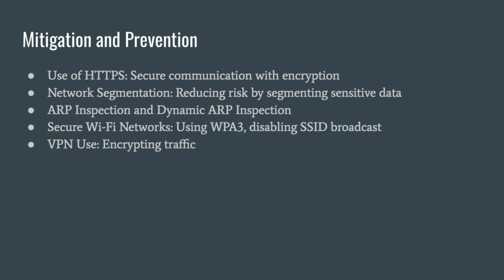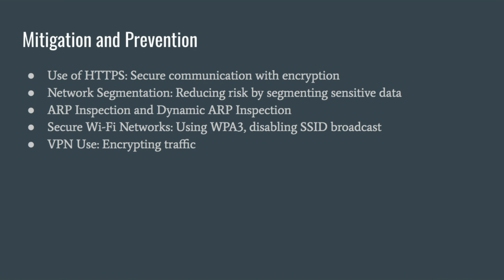Maybe you should not log in because by default nowadays websites should have SSL certificates. And network segmentation, reducing risk by segmenting sensitive data. ARP inspection, a dynamic ARP inspection.